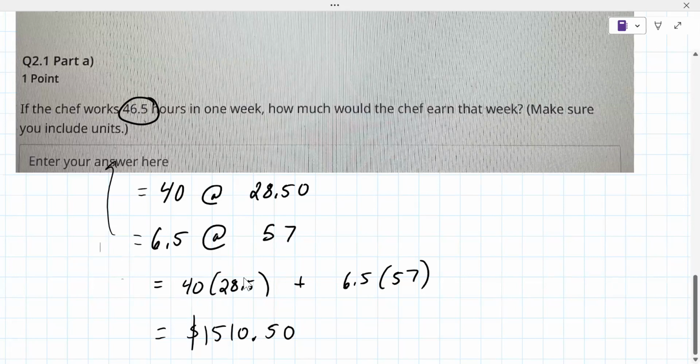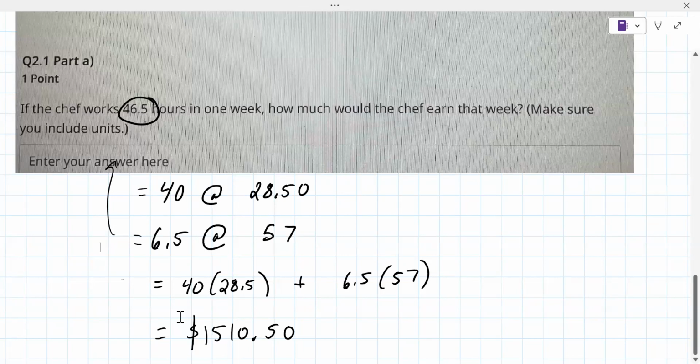Okay. Hours times rate. Were you asking what to put in the box here, or were you just asking more, I guess, high level, like what we're doing in this problem?